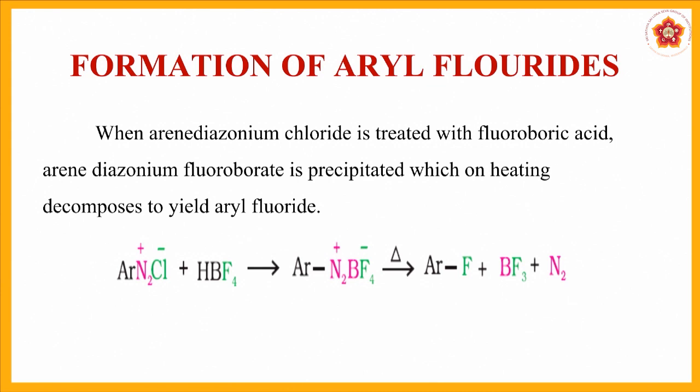What this fluoroboric acid does is attack the benzene diazonium chloride, forming arene diazonium fluoroborate, which on strong heating directly gives us the fluoroarenes. In the byproducts, nitrogen is still present, and BF3 is obtained as one of the byproducts, whereas fluorobenzene is the main product we see in this reaction.